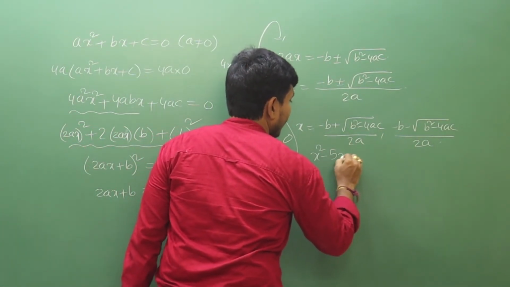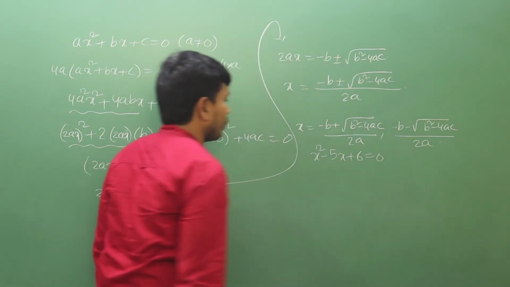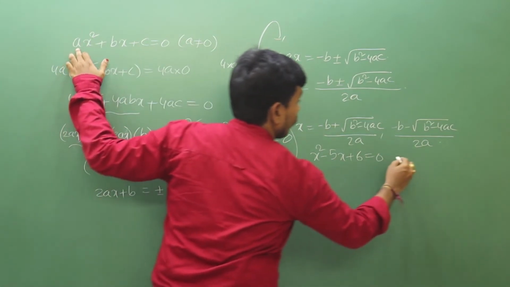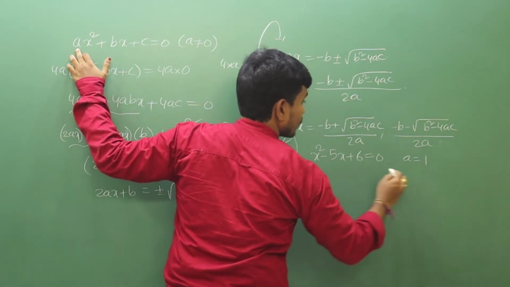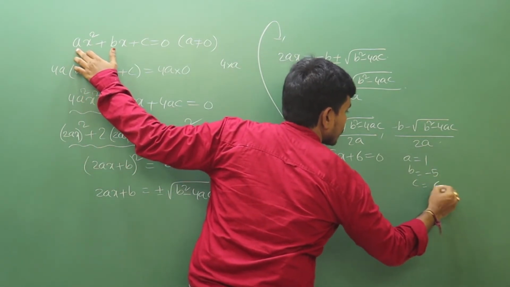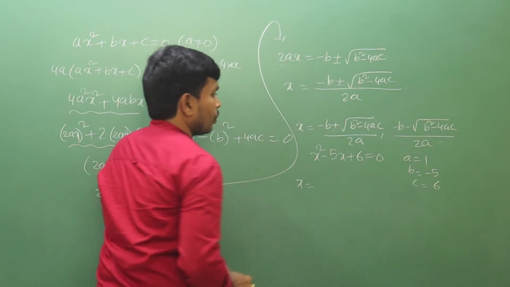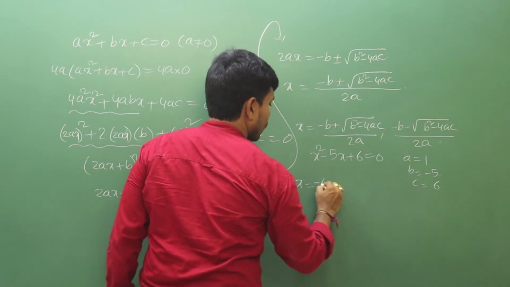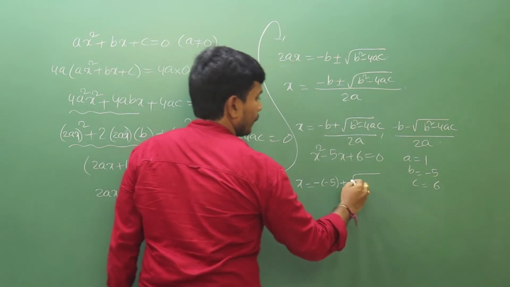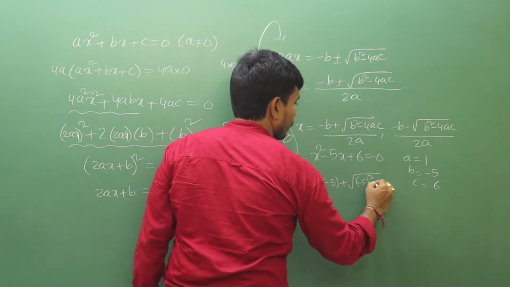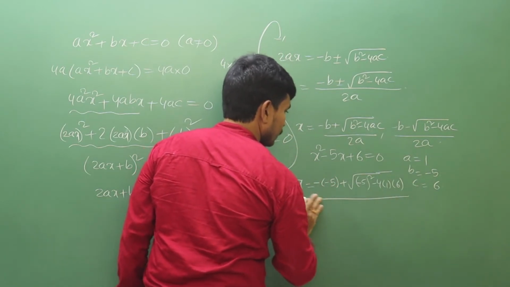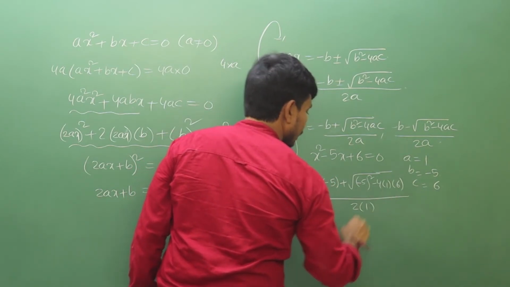x square minus 5x plus 6 equal to 0. What is the x square coefficient? The a value is 1. What is the x coefficient? b, that is minus 5. What is the constant? c, 6. So x equal to minus b, minus of minus 5, plus or minus root over b square, that is minus 5 whole square, minus 4ac, by 2a. a is nothing but 1.